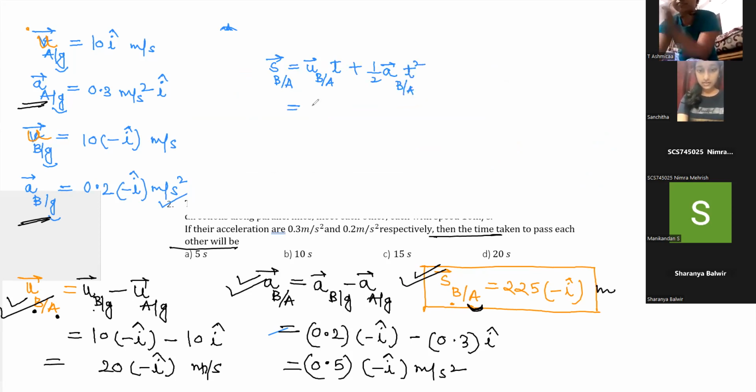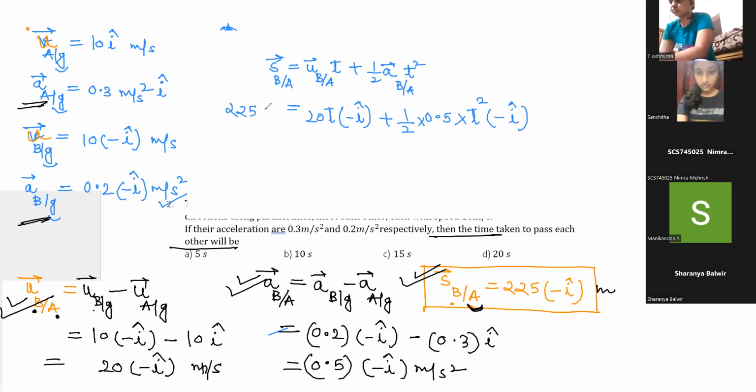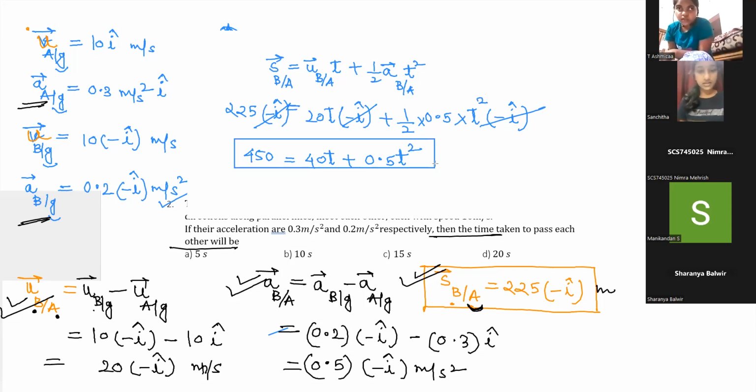So this is 20T minus I cap plus half into 0.5 into T square minus I cap, right? And this is 225 minus I cap. Now you can remove this direction just because you want to solve it now. So this is 450 is equal to 40T plus 0.5 T square. Now can you solve it? This is the equation which we wanted to solve.